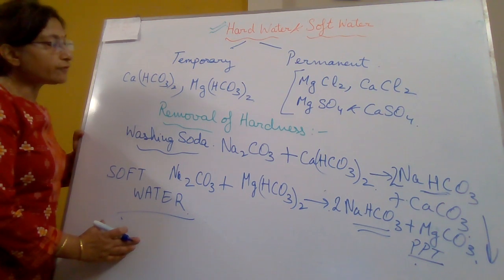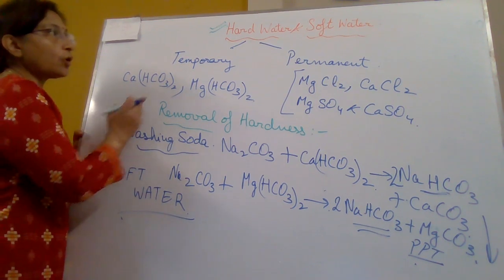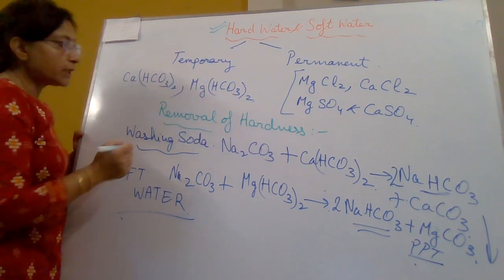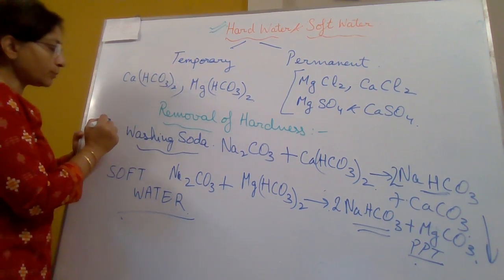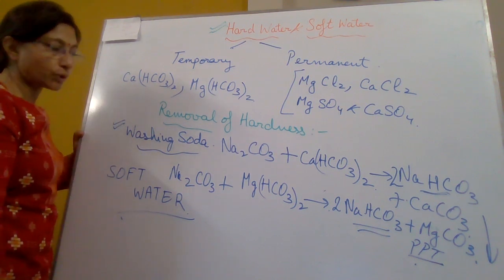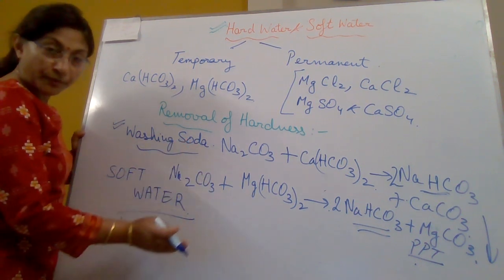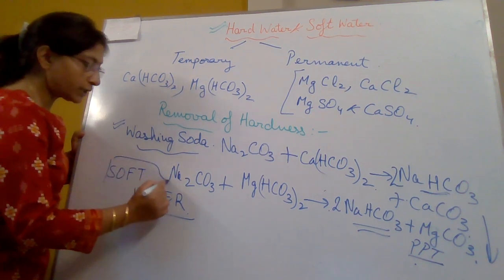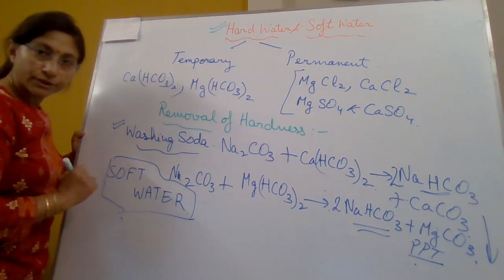Alright, so in a nutshell, for the removal of temporary hard water we can use two methods. Number one is boiling and number two is with the help of washing soda, and the precipitates formed can be filtered out and the sample obtained will be soft in nature.